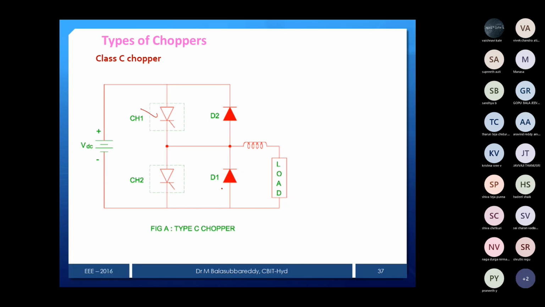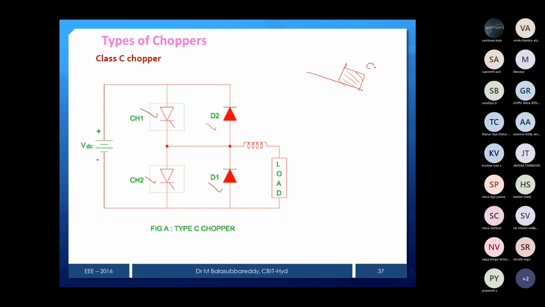Chopper 1 and D1 is nothing but a class A chopper. Chopper 2, D2 is nothing but a class B chopper. Now, how many quadrant operation will it be? If chopper 1 and D1 are operating, we'll get the first quadrant as usual of a class A chopper.